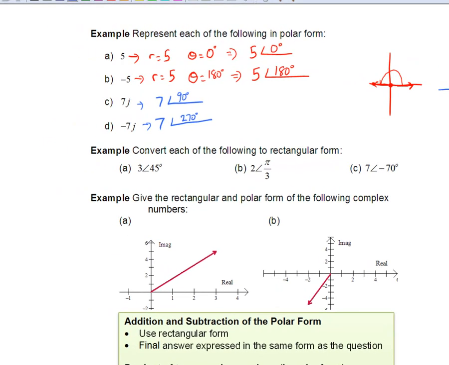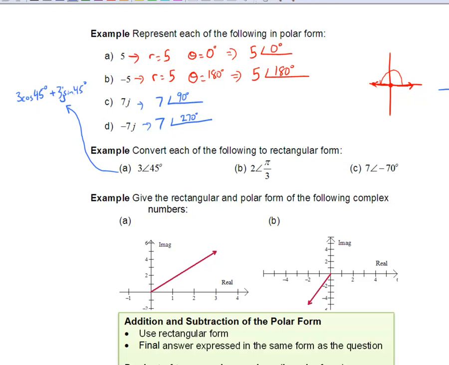The next example here, we're asked to convert from the given polar form to rectangular form. If we go ahead and do that up here, all we need to do is write it in the expanded form. So that's 3 cosine 45 plus 3 sine of 45 times j. That's just using what polar form means. This is in polar form.